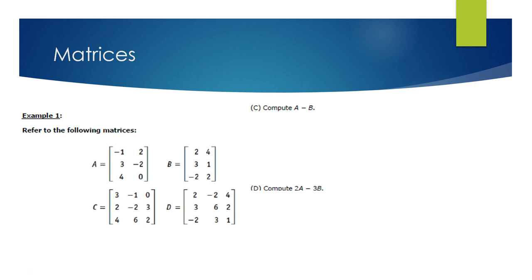So now compute A minus B. Well, I could see here that, again, A was a 3 by 2 matrix, and so was B. They're the same size, so I should be able to do that. So take a moment and let me know what this should be.